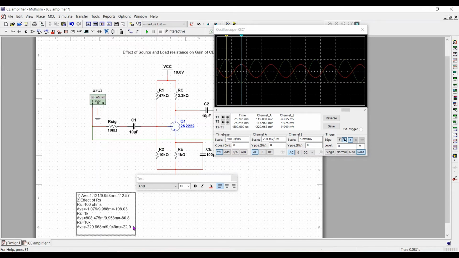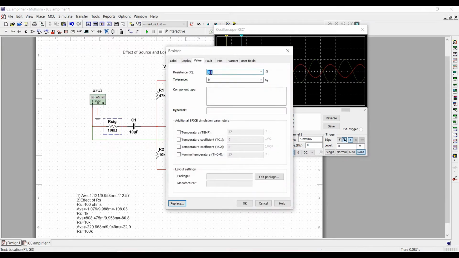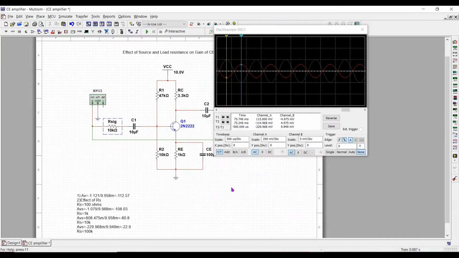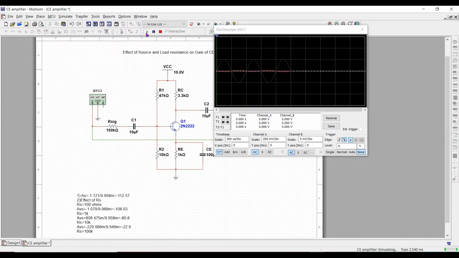Next is RS equal to 100K. So let's change the value to 100K. Over here we can see that it has reduced by a very large factor.